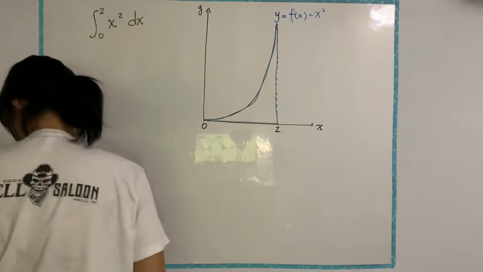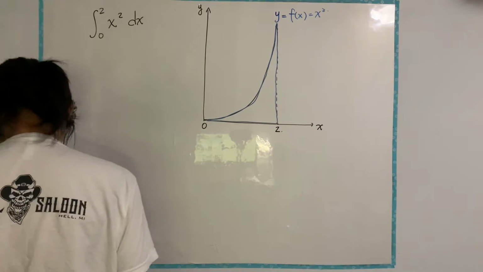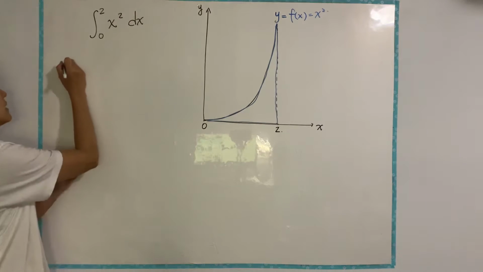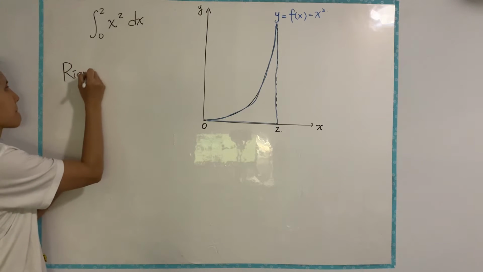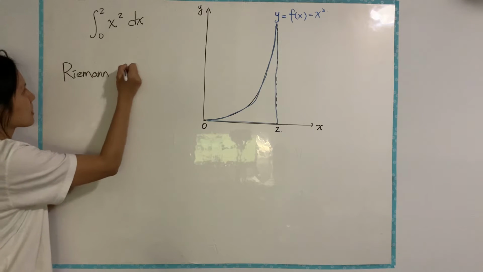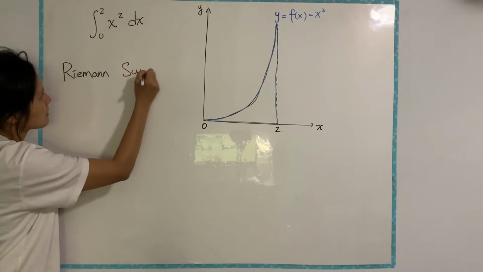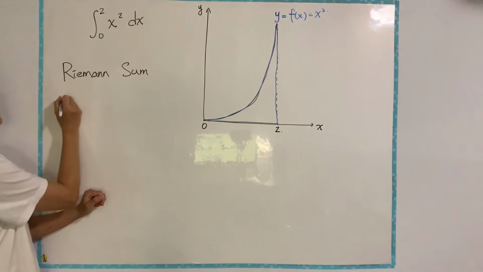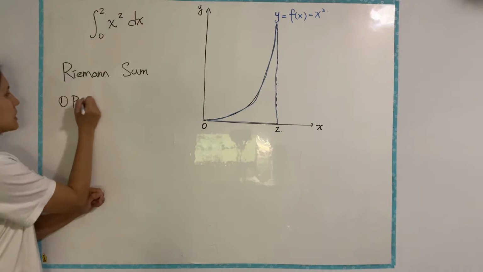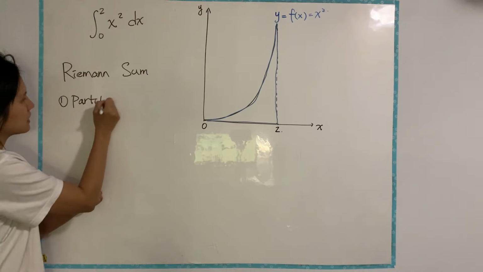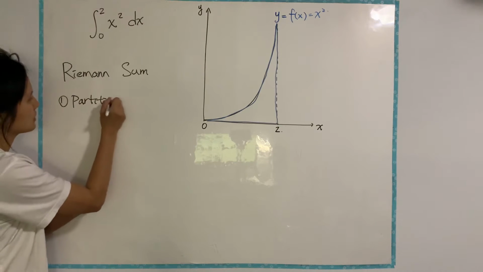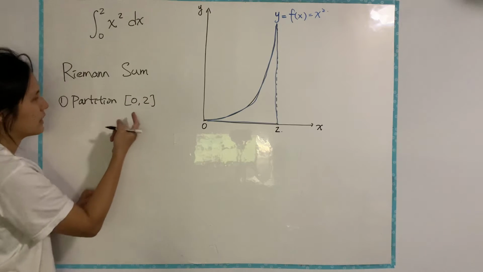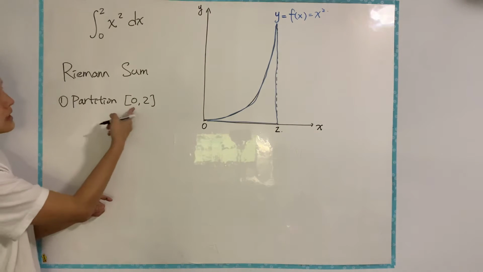And before we can talk about how we find the region, we have to talk about what we mean by a Riemann sum. Okay. So first of all, let us partition the interval that you have. Partition 0, 2. And the 0 and 2 can change.